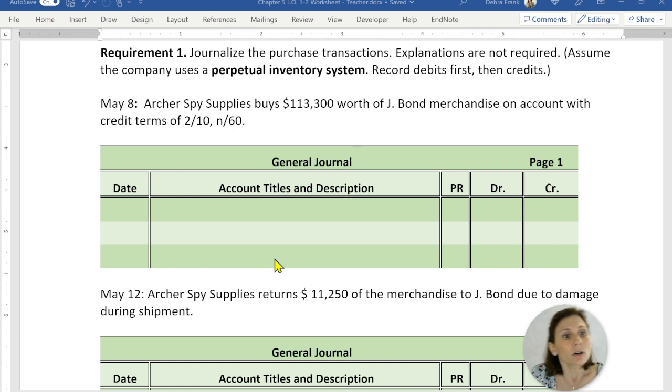Okay, so the first transaction we have here is May 8th. Archer Spy Supplies buys $113,300 worth of J Bond merchandise on account with credit terms now of 2/10, n/60. So let's go over what that means. That can be written in different ways, but in this case, the 2/10 means 2% discount if paid within 10 days.